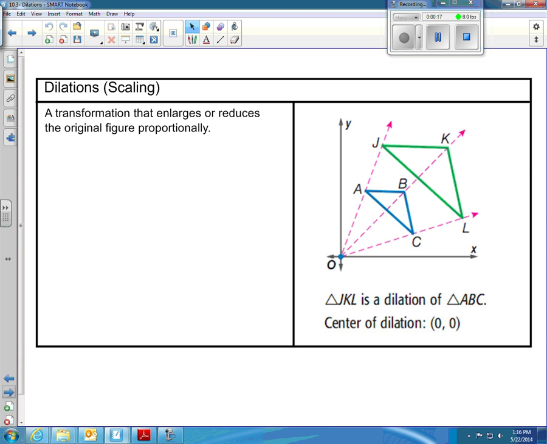A dilation, or scaling, just like we talked about in 10.2, there's other names, you need to know both of them. It's a transformation that enlarges or reduces the original figure proportionally. And this is also performed with respect to a center point and a scale factor.